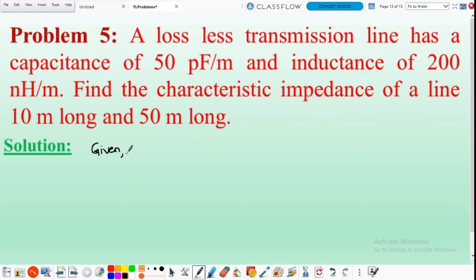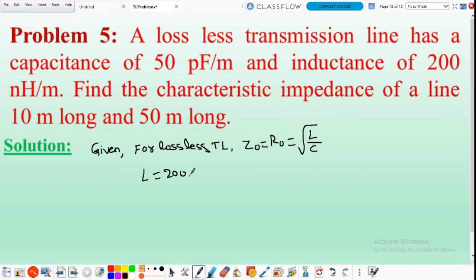For a lossless transmission line, the characteristic impedance is equal to the characteristic resistance, that is Z0 is equal to R0, which is equal to square root of L by C. Given that the inductance L is equal to 200 nanohenry per meter, and the capacitance C is equal to 50 picofarad per meter.